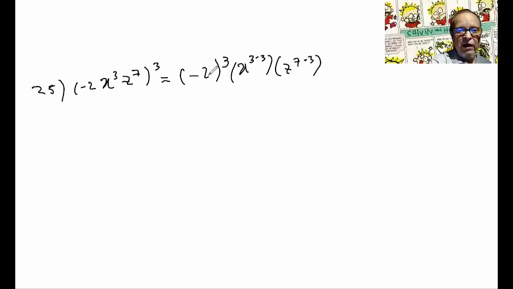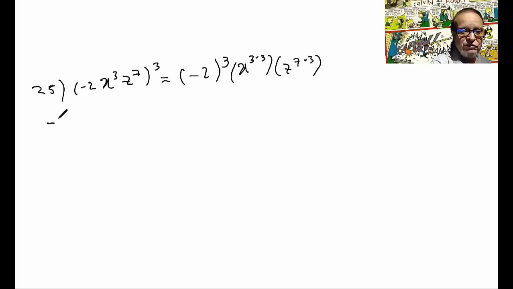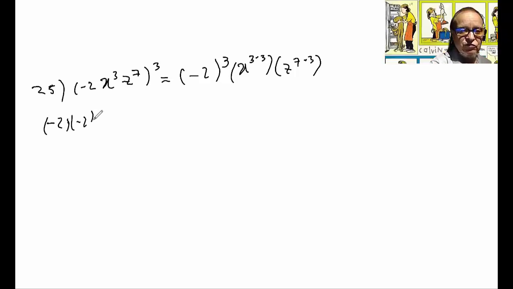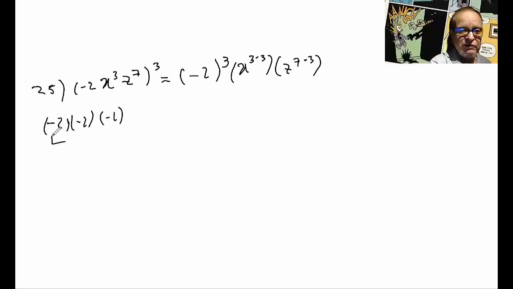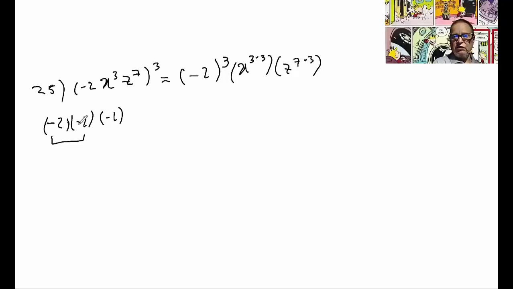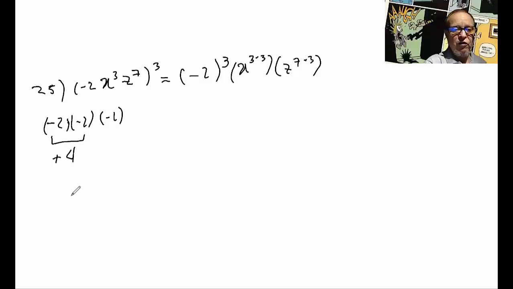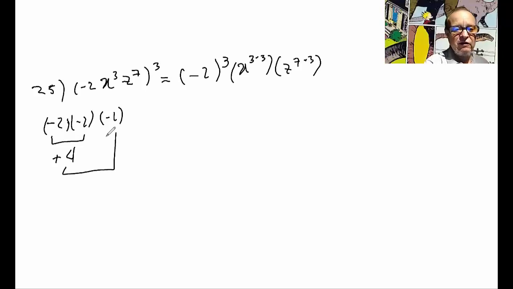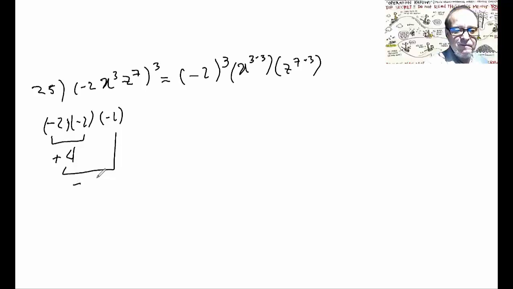So here I have negative 2 to the third, so that means negative 2 times negative 2 times negative 2. Negative 2 times negative 2 will give me positive 4, and then positive 4 times negative 2 will give me negative 8.